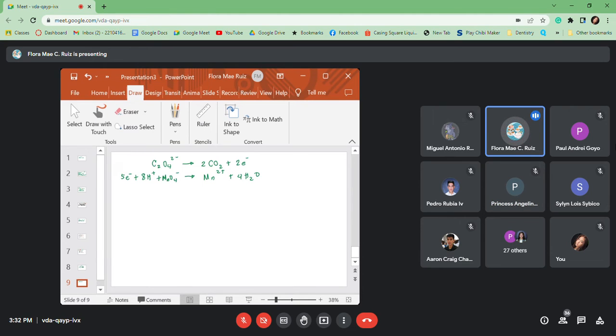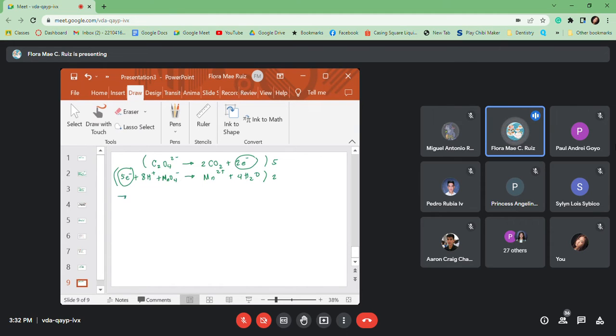So to make the number of electrons equal on each side, we will multiply the first reaction by 5 and the second by 2 to give the least common multiple. Because you see, we have 5 electrons here, 2 electrons here. So to make them equal, our target electron should be 10. So we times this by 5 and we times this by 2 to equalize the number of electrons.